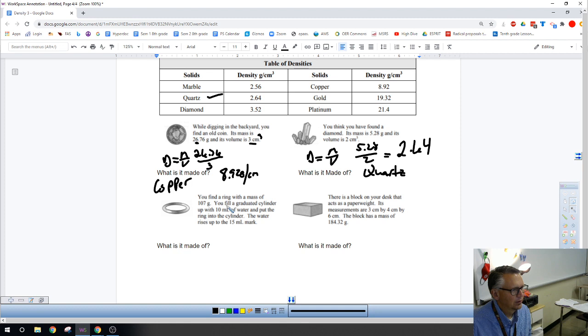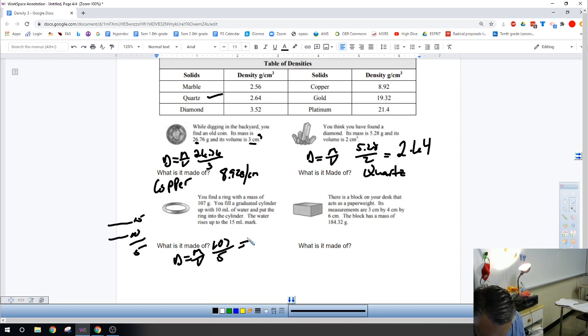If you find a ring with a mass of 107 grams, you fill a graduated cylinder up with 10 milliliters of water, and you put the ring in the cylinder, and the water rises to 15 milliliters. So it was at 10, and it went up to 15. That gives us a volume of 5. So density is equal to mass divided by volume. Our mass was 107, and our volume was 5.